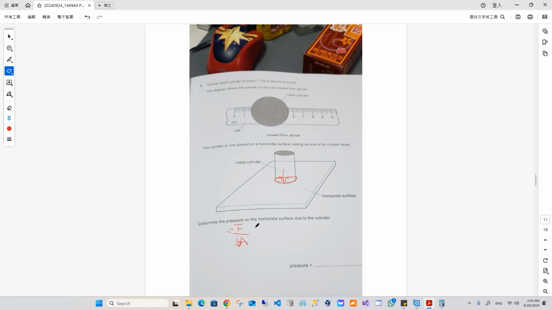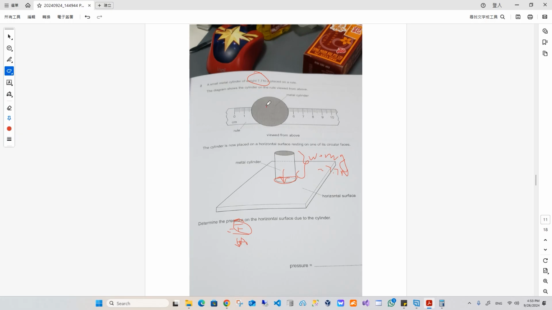So what is the force acting on it? In this general case, we'll just say it's the weight of this object. Weight equals mg. They already give you the weight, so no need to calculate: 7.7 newtons. Then we find the area.